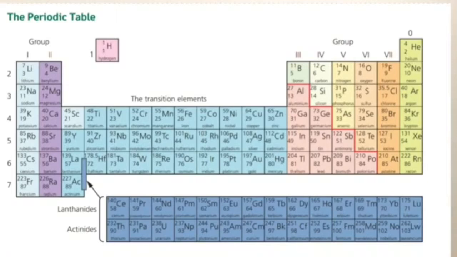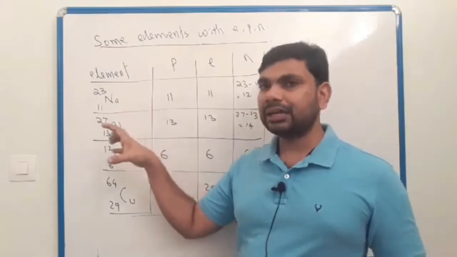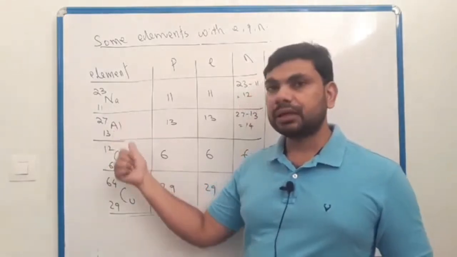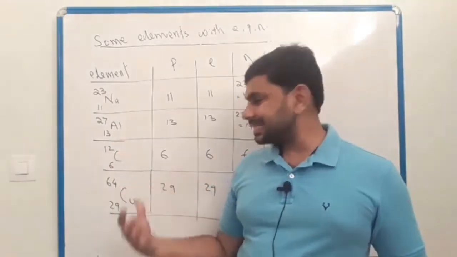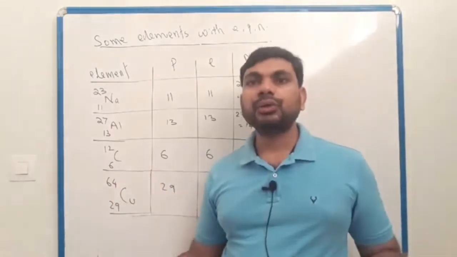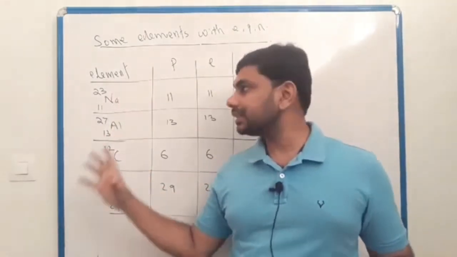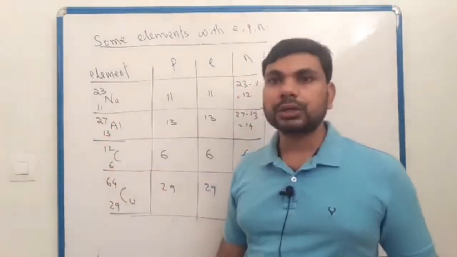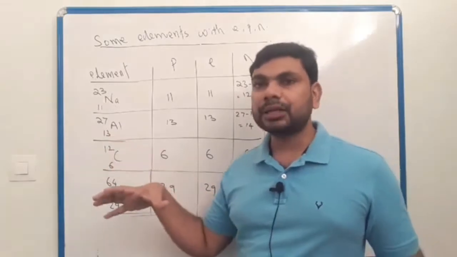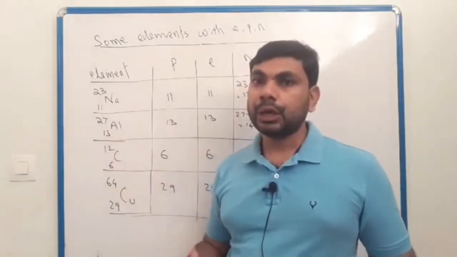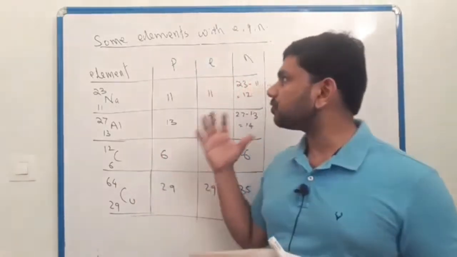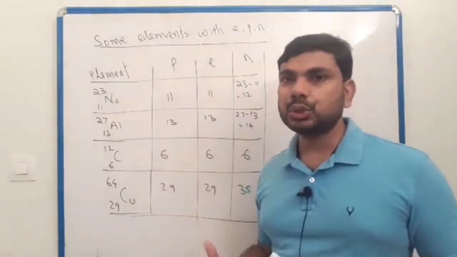Also in the periodic table you can see sodium, Na, with two numbers, 11 and 23. Similarly aluminium 13, 27, oxygen 8, 16, carbon 6, 12, copper 29, 64. You can find these symbols with their atomic number and mass number. We discussed the lower number, atomic number, and the higher number, mass number. Using atomic number and mass number, we can find the number of protons, electrons and neutrons.